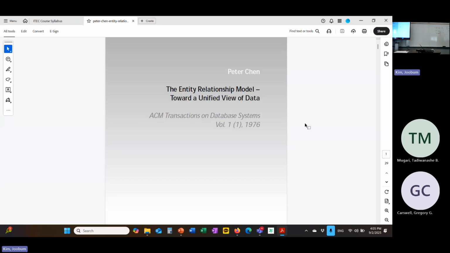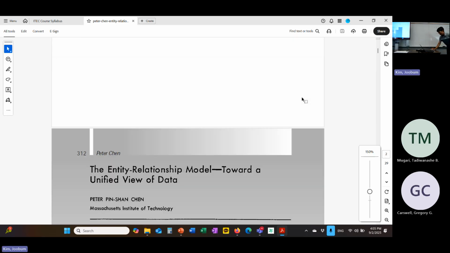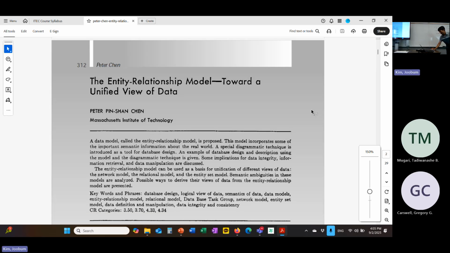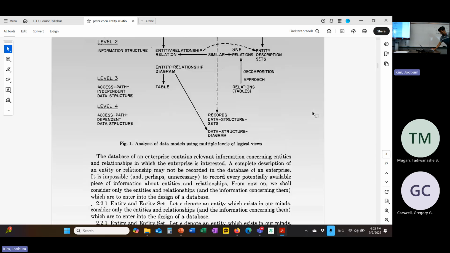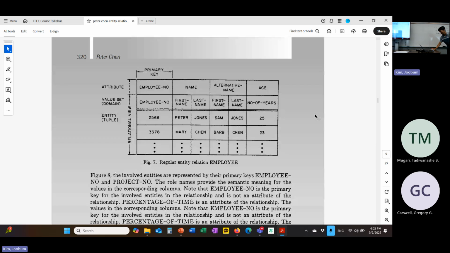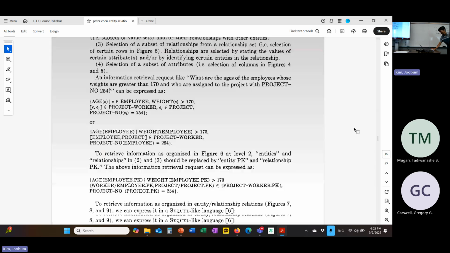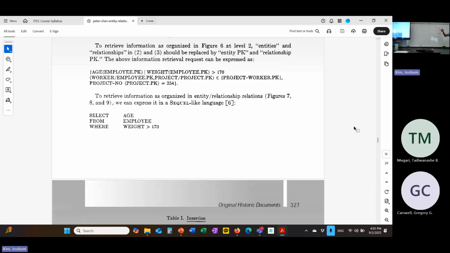This is the paper that introduced the ER diagram, in 1976. You can just Google it and find this paper. But it's not enough, so it was extended.